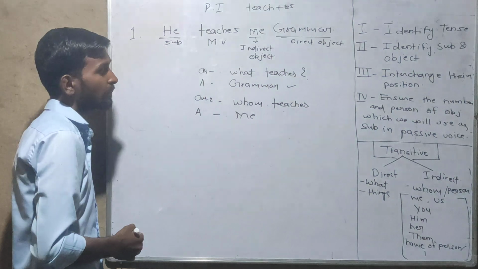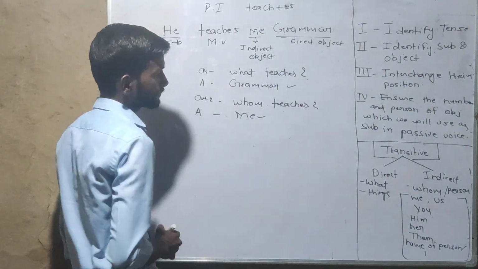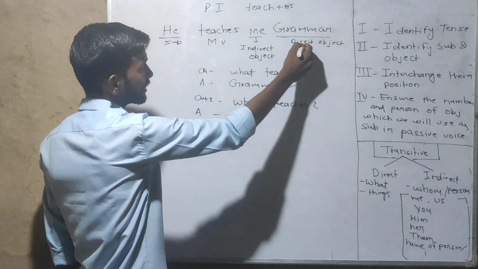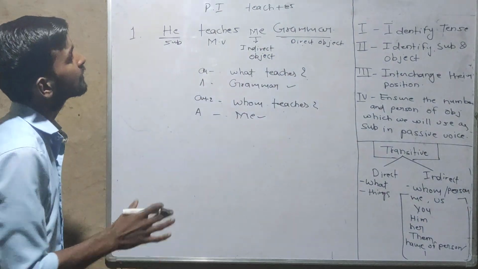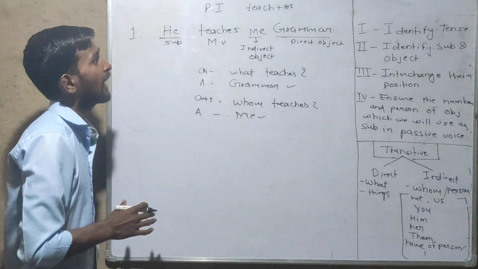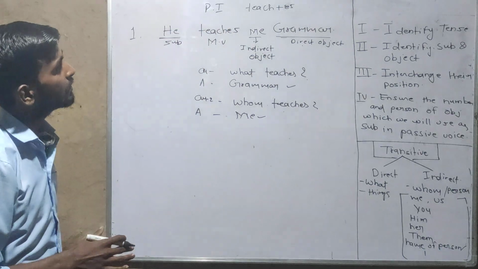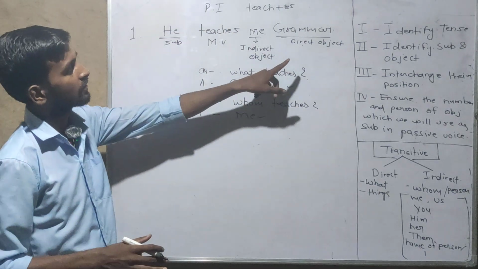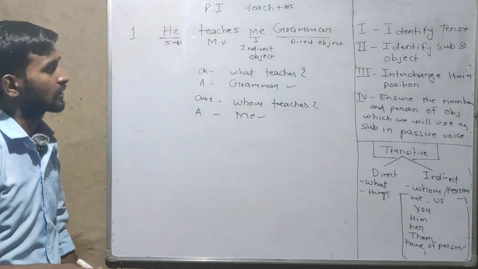Whom teaches? The answer is me. So here grammar is a direct object and me is an indirect object. Thus you can identify the kind of object. The passive voice of any sentence can be made with both these objects, using the direct object and also the indirect object.